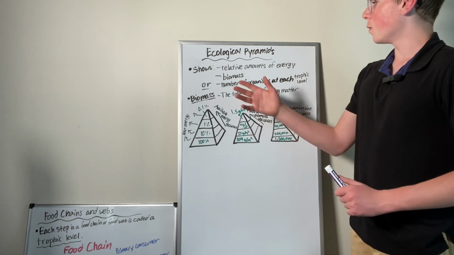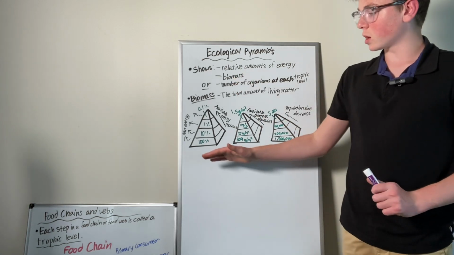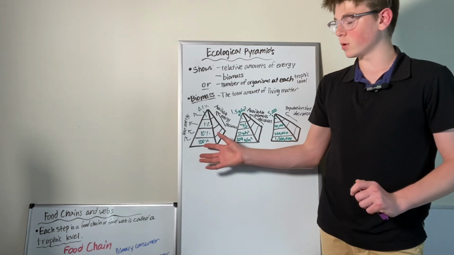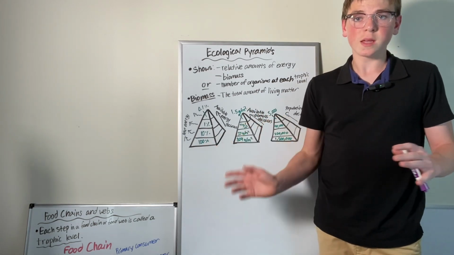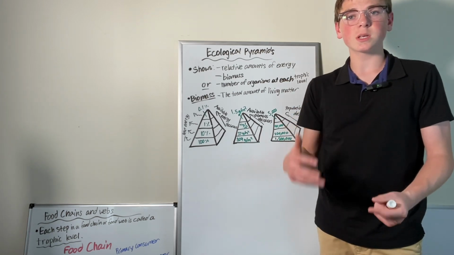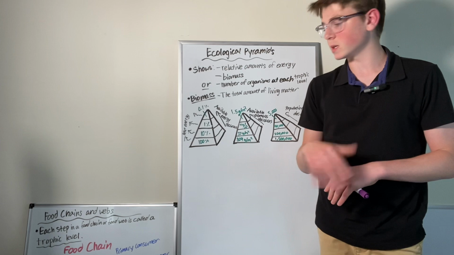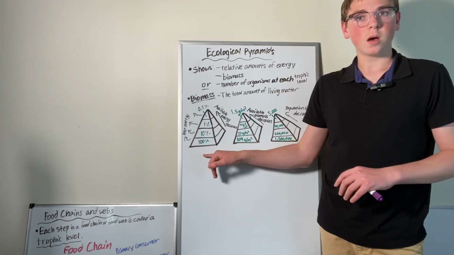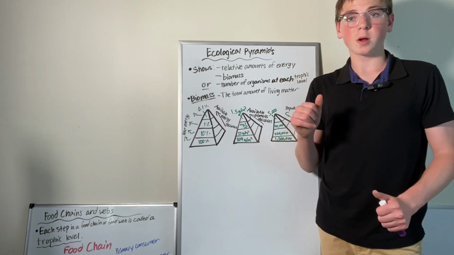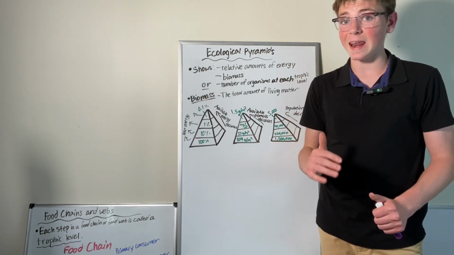So for relative amounts of energy, let's just say the plant has 100% of the energy. At each level, the plant is going to use some energy, then some heat is going to be left. And it's going to keep going. Each organism is going to use some energy, and then heat will be released. So 100% of the energy is in the producer. Then, the primary consumer only gets 10% of that energy.